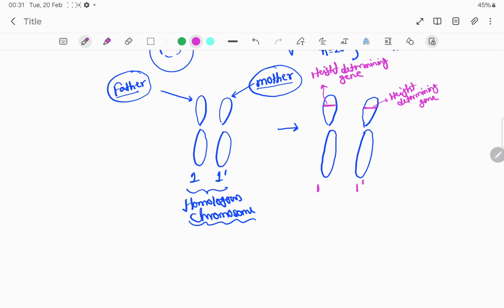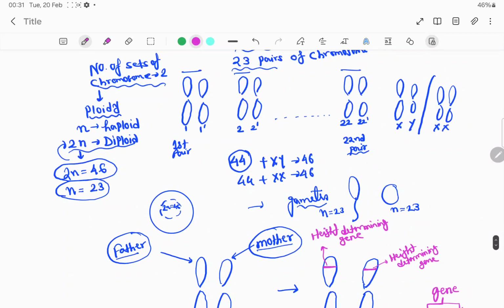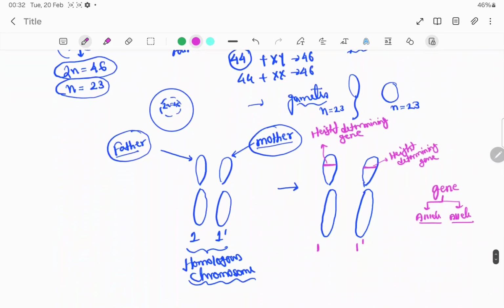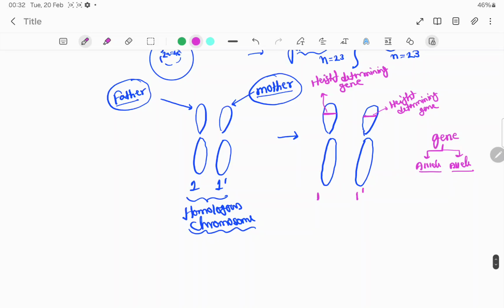But as I have told, the gene has alternate forms. So the height determining gene will also have alternate forms, and these alternate forms are called alleles. So here I told you that a gene has two alternate forms. Have you understood now why it has two alternate forms?